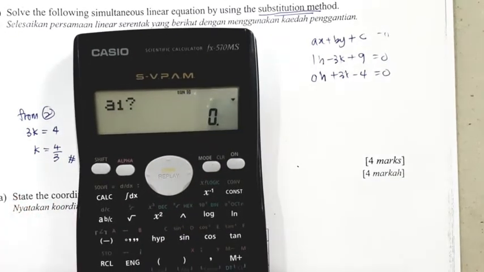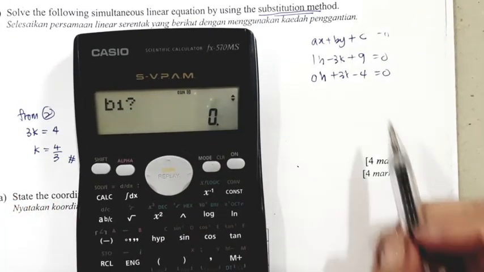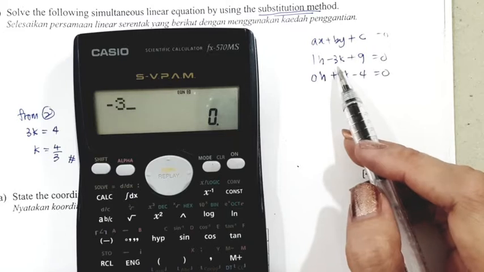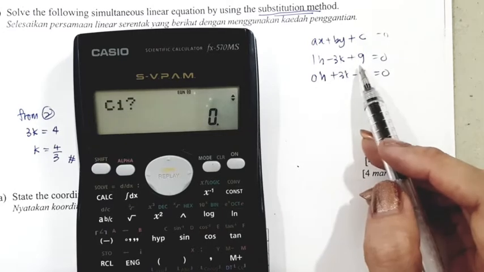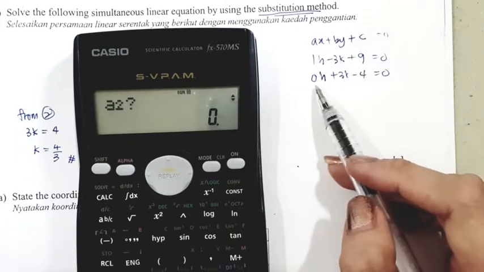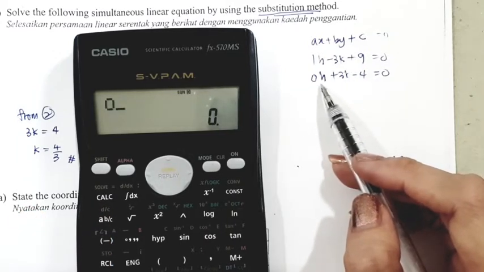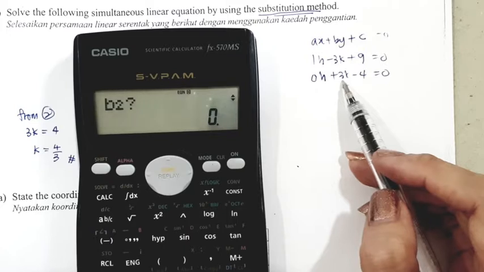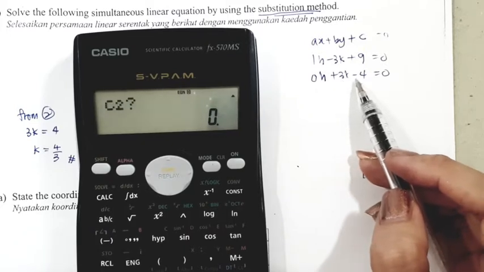Our A1 is 1. Our B1 is negative 3. And our C1 is 9. And then our A2 is 0. B2 is 3. And then our C2 is negative 4.